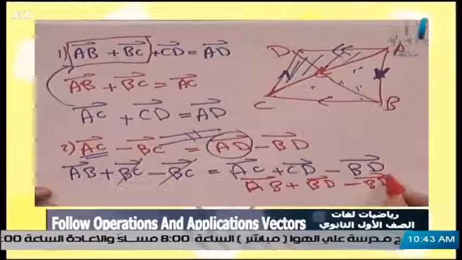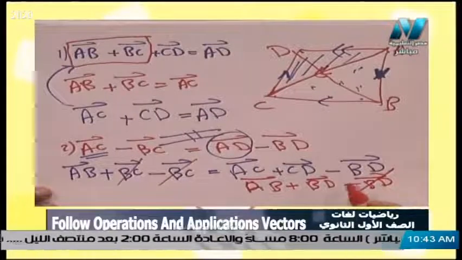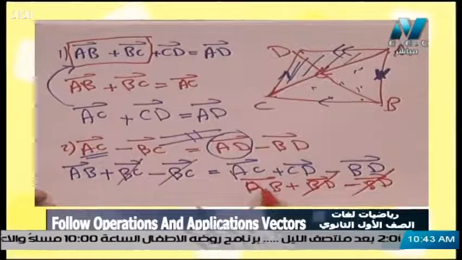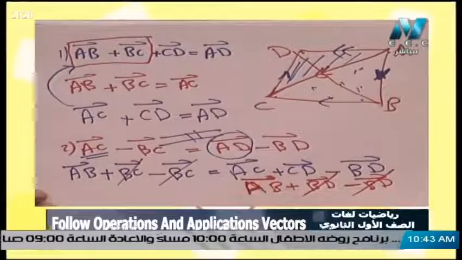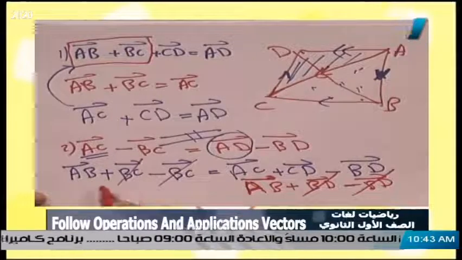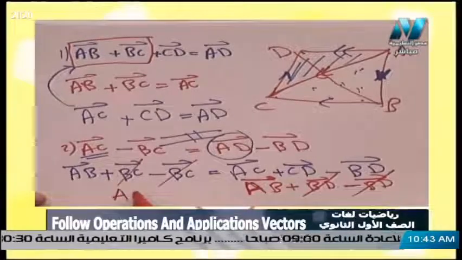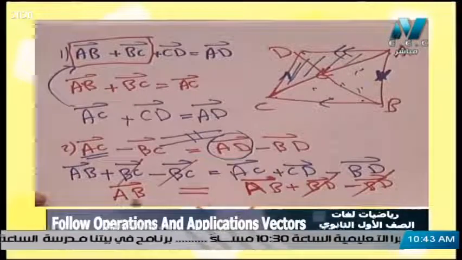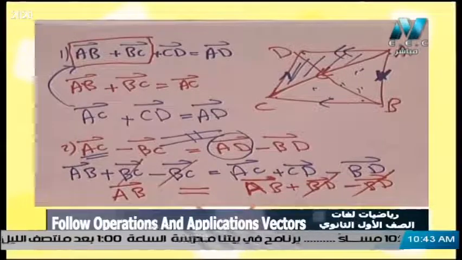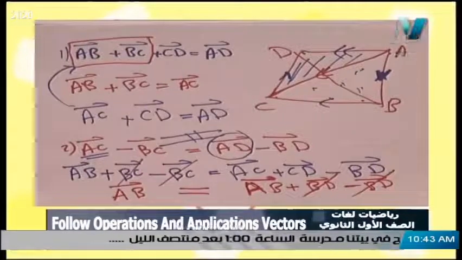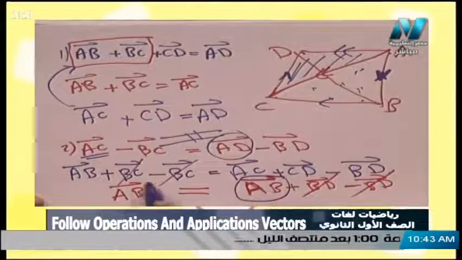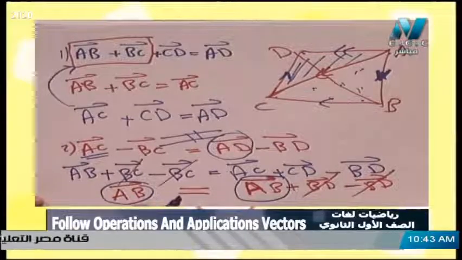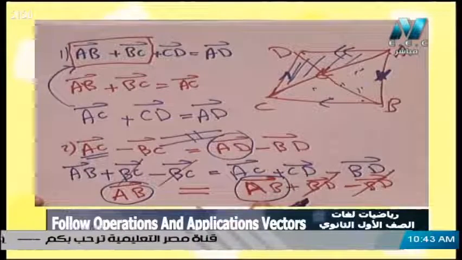So we can cancel the vector BD with the vector BD, and the answer will be only the vector AB. We have only the vector AB on the left side, and the same vector on the right side. So we have proved that the left hand side equals the right hand side.